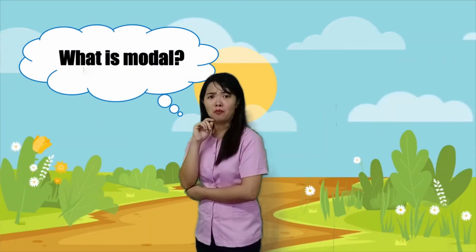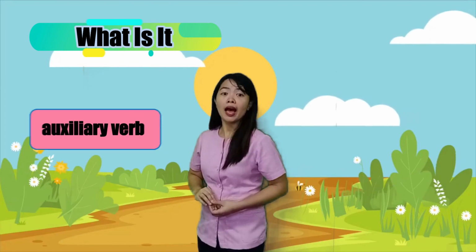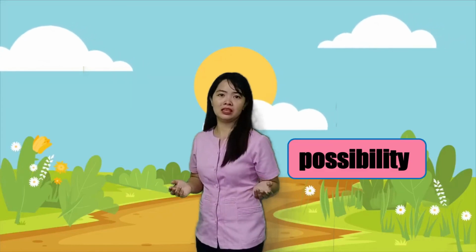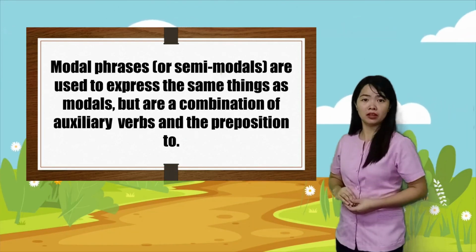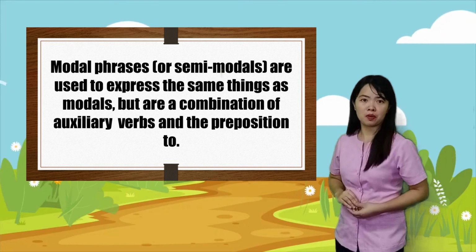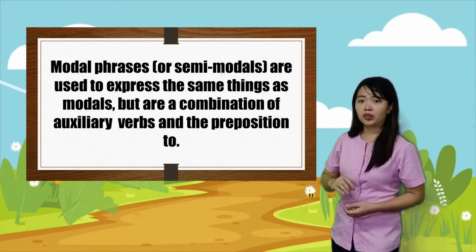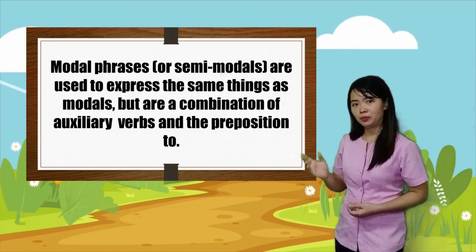What is a modal? A modal is a type of auxiliary or helping verb that is used to express ability, possibility, permission, or obligation. Modal phrases or semi-modals are used to express the same things as modals, but are a combination of auxiliary verbs and the preposition to.